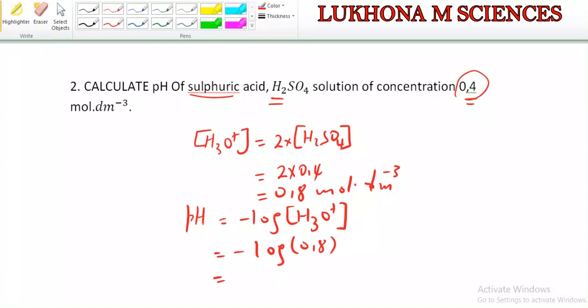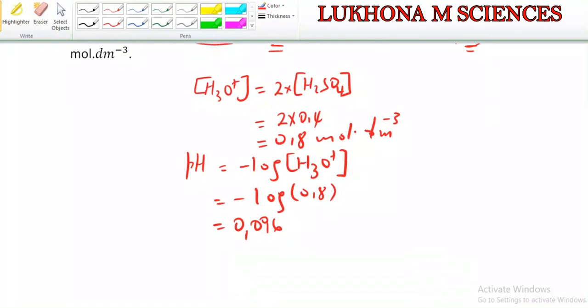Then the answer is 0,096. This is the pH for this one. Then we're done. This is how we calculate the pH. Let's go to another question.